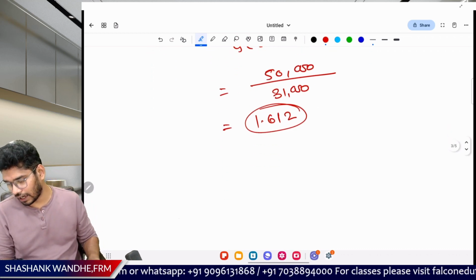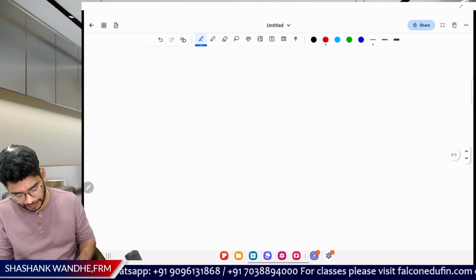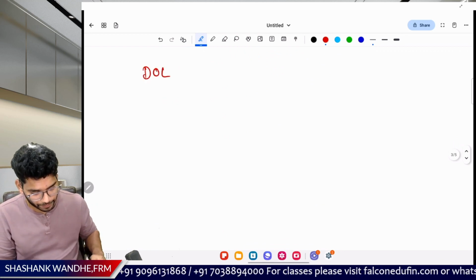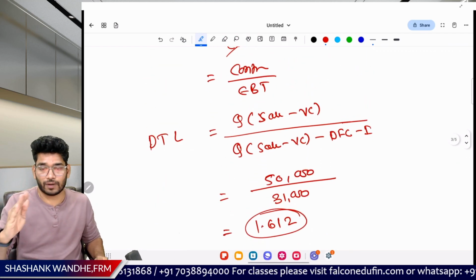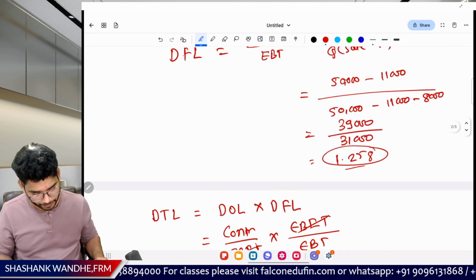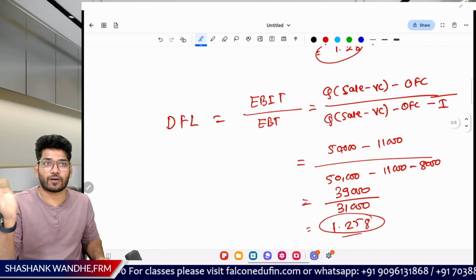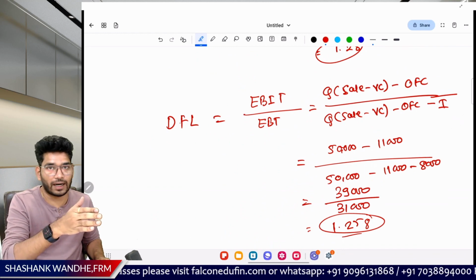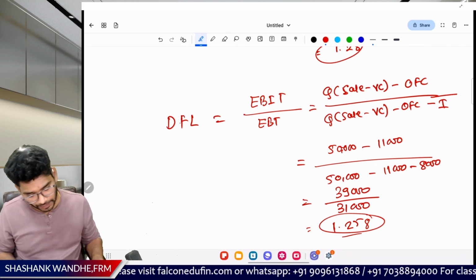Now here we have an alternate formula for degree of operating leverage. Remember, these formulas were at a specific level of sale. So as I said, it will be different for 1,000, 2,500 and 5,000. Obviously, it will be different.